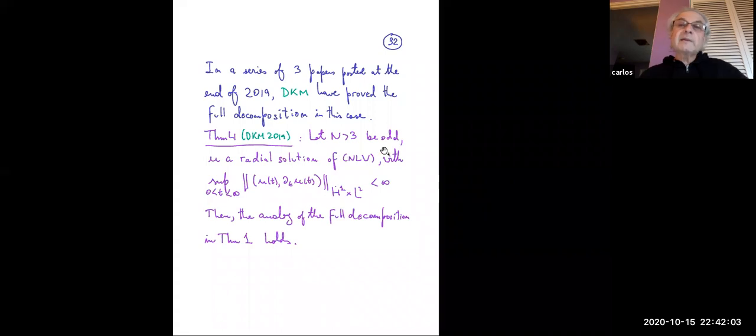So the theorem says that if n is bigger than 3, is odd, u is a radial solution, and the norm remains bounded, then the full decomposition in the 3-dimensional case also holds in the higher dimensional case.